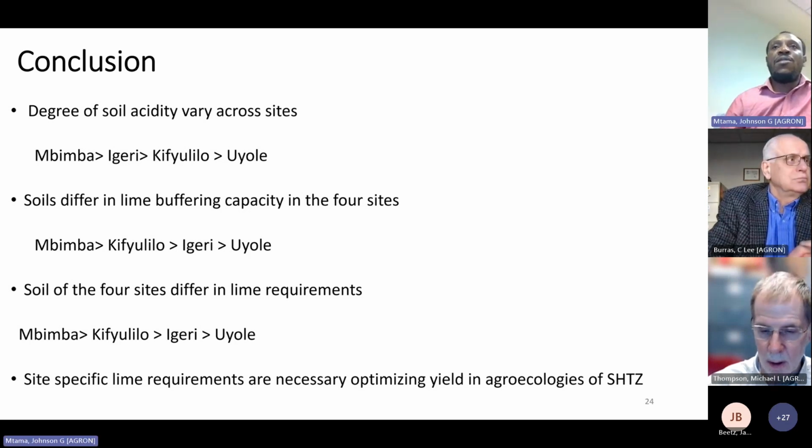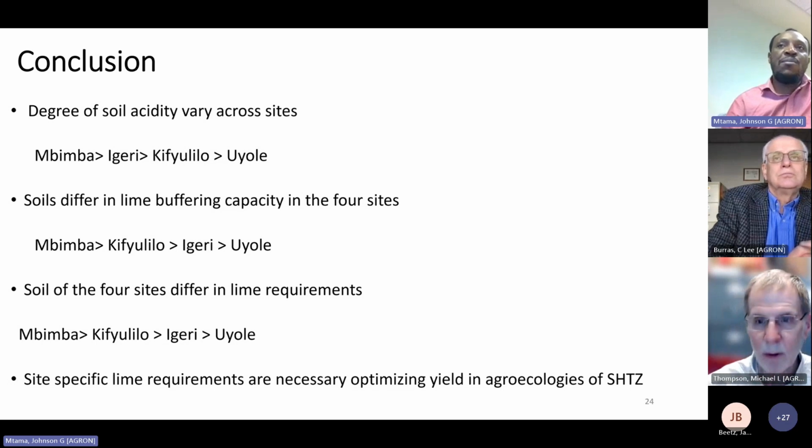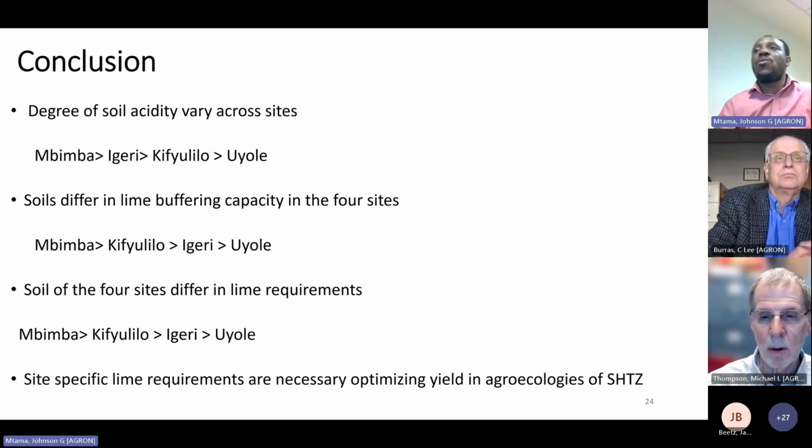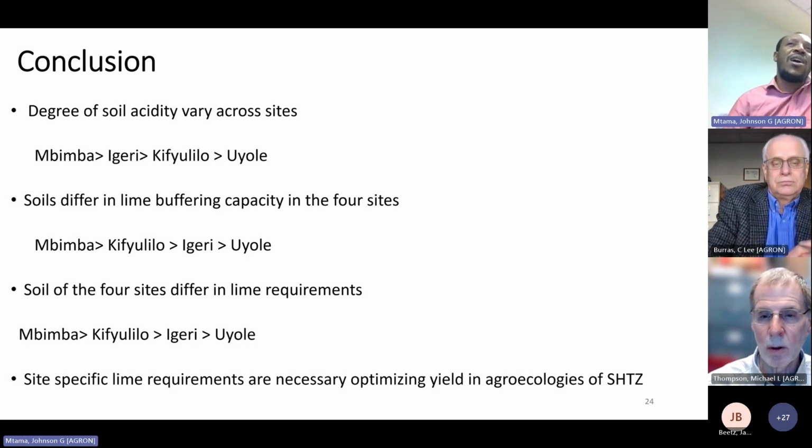But the most important information we draw from this study is that for productivity in the Southern Highland Zone of Tanzania to be enhanced, we really need to come up with site-specific lime requirements to help improve crop productivity and ensure the agroecological health of these soil systems. Because if someone uses the intervention that is required for the Mbimba site at the Uyole site, it's very likely that we are going to overshoot the pH of the Uyole site.